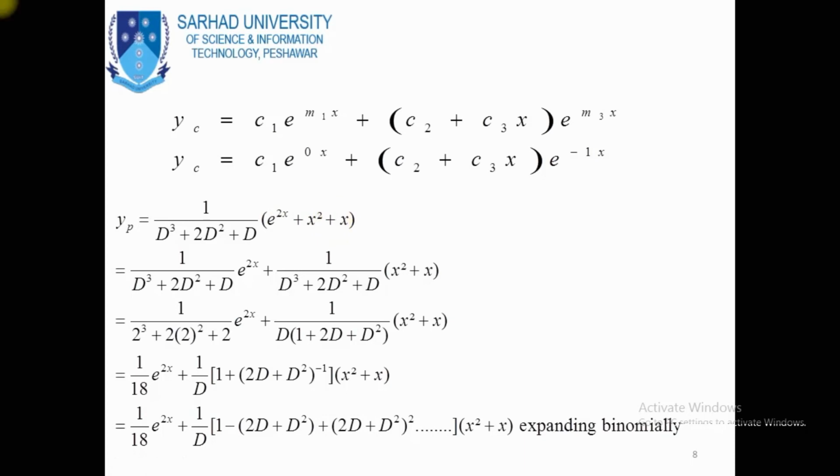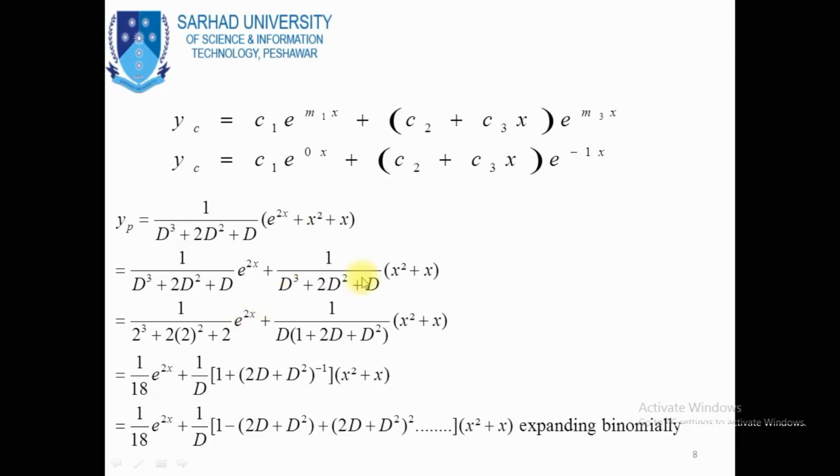So e power 2x is the first case. How to find the particular solution? When the right hand side has an exponential function, then we just replace this D by this argument 2. So putting D is equal to 2, this is the particular solution for e power 2x: 1 over 2 power 3 plus 2 into 2 power 2 plus 2, into e power 2x.